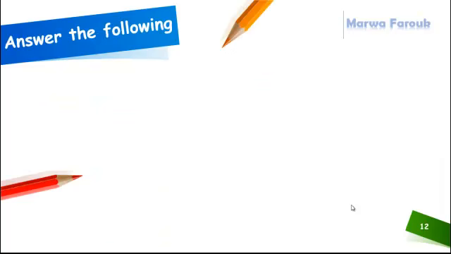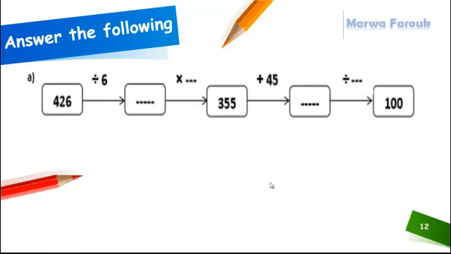Let's see another kind of example here. We have so many operations at the same time. The first one, I have to start from the left here. What I have is 426 divided by 6, and we want to put the equal sign here.